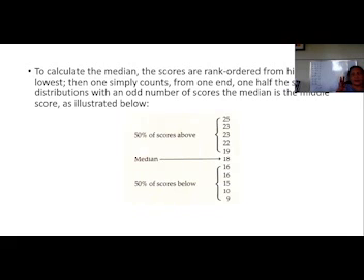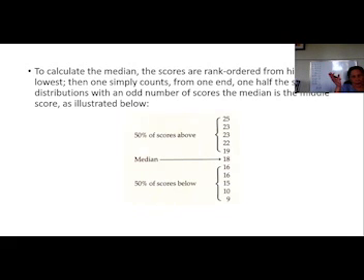Now, this is the case when the set of scores or the data set is an odd number. There is an odd number of the scores. In this case, you have 11. It's an odd. So we get just the middle score and indicate that as our median.